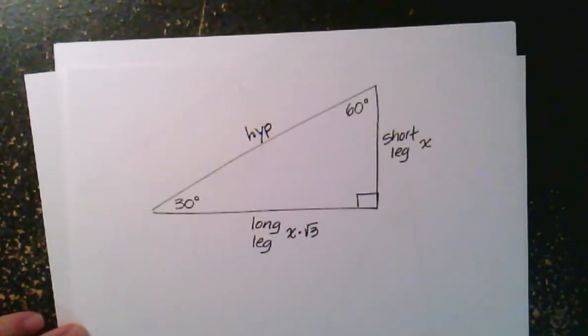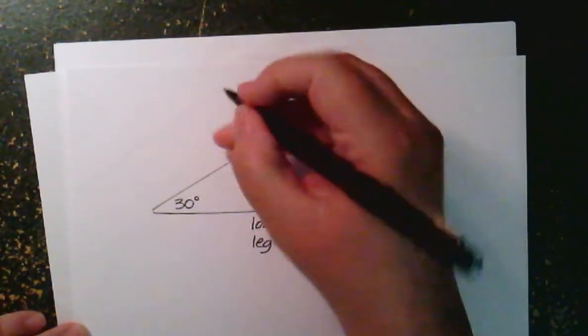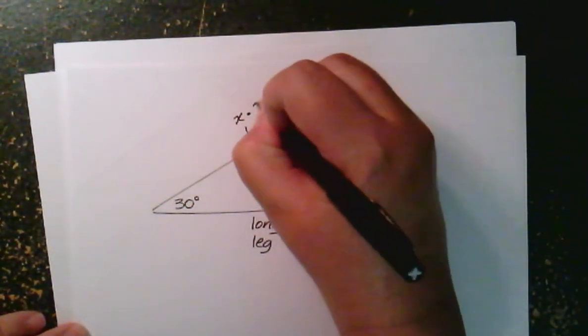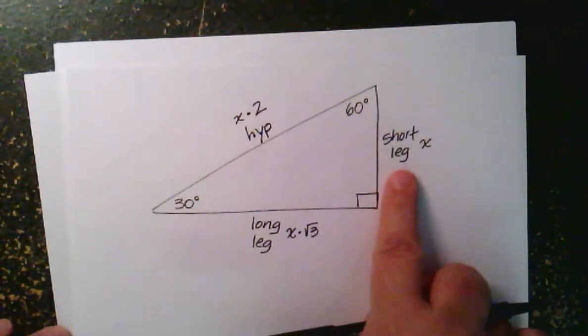That's just the relationship that always happens when you have a 30, 60, 90 triangle. Also, whatever the short leg's length is, whatever your X is, that number times 2 gives you the hypotenuse. So you notice that we're doing everything in terms of the short leg. With a 30, 60, 90, you always want to start with the short leg if possible. And if it's not where you're starting, then it's the first thing you find next.